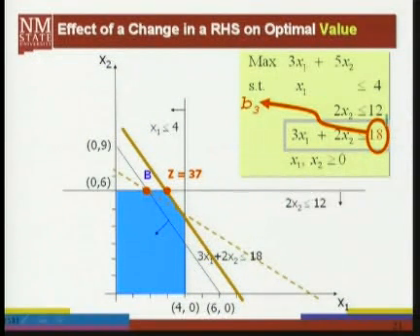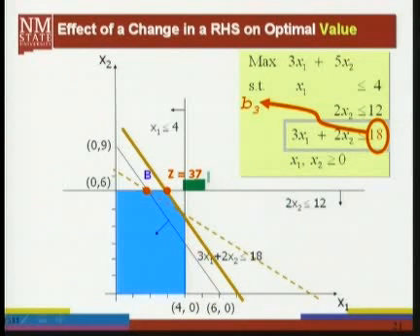Graphically, changing B3 shifts the plant number 3 constraint parallel to its current position, right? So the new optimal solution occurs right here. This is the new optimal solution, right? With the corresponding objective function value of 37, okay?